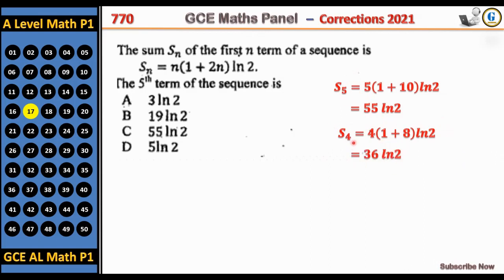So our T5, that's the fifth term, will be equal to S5 minus S4, and this will give us a value of 19 ln 2. B.